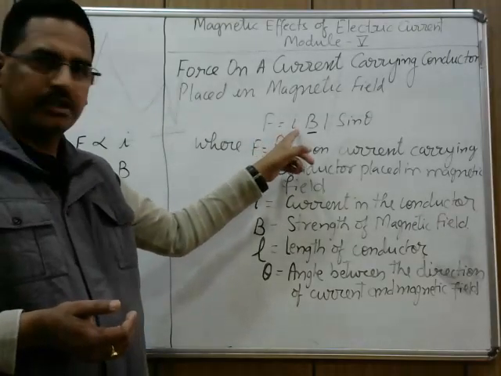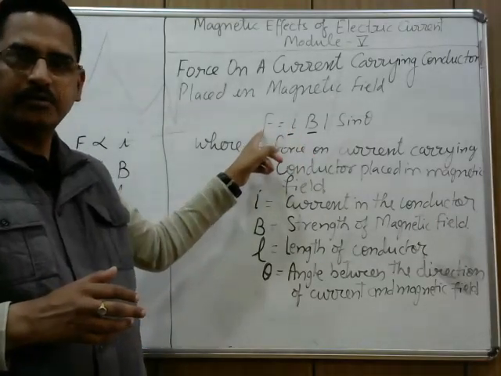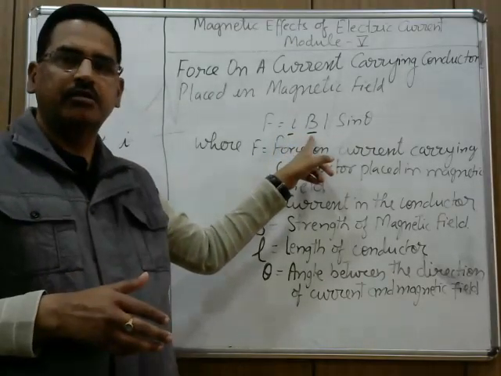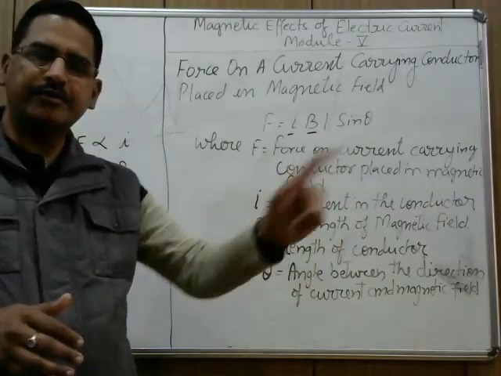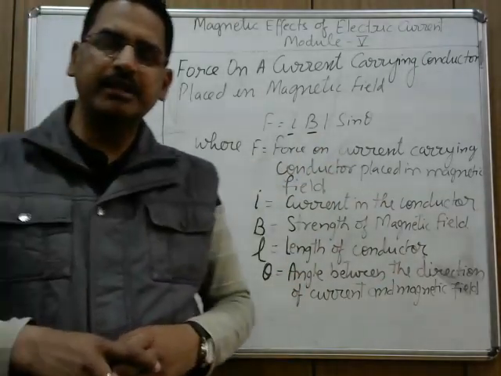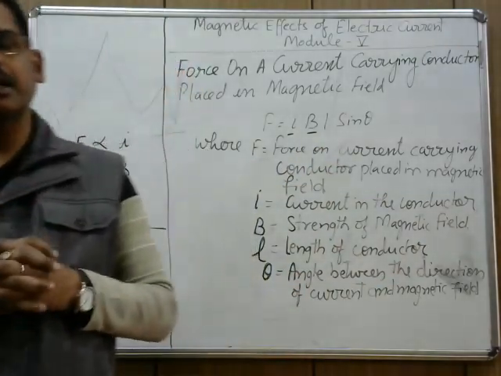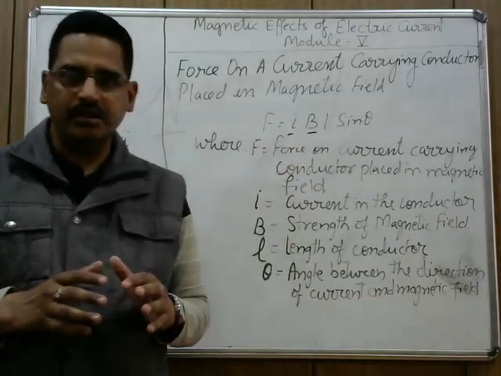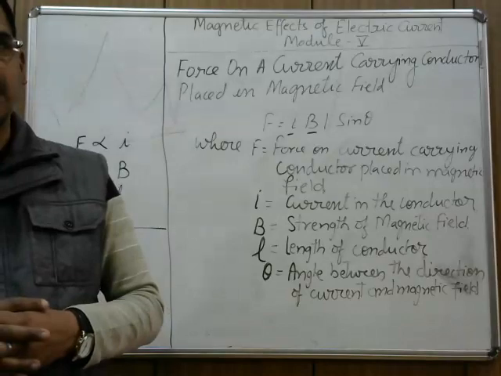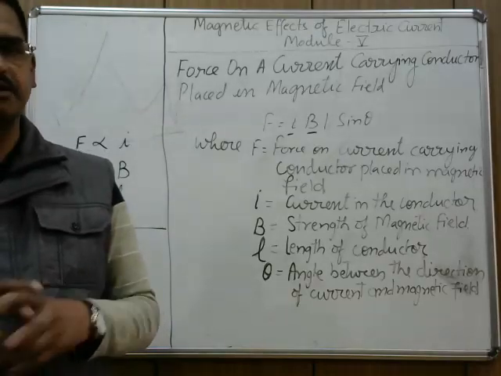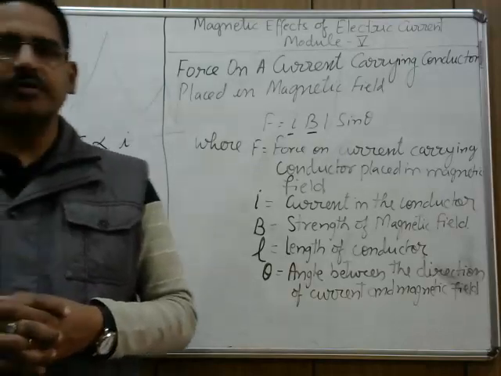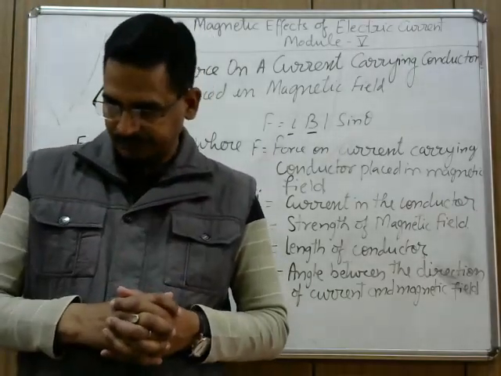When you change the direction of current, it will become south, and if you at the same time change the magnetic field also, then again from south to north, so the direction of force will remain unchanged. But if you change either the direction of current or the direction of magnetic field, the direction of force will be changed.